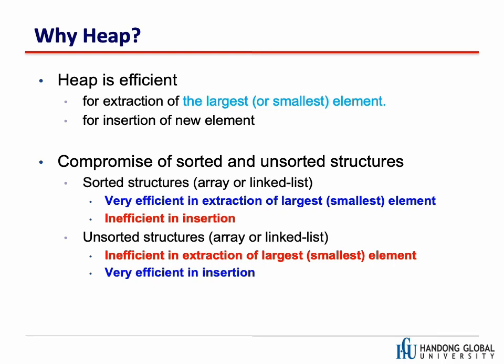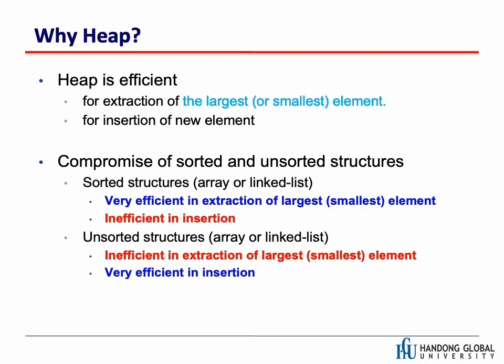If we have a sorted data structure, like an array or a linked list, then it is very efficient in extraction of the largest element. We know where the largest one is. If it is sorted in ascending order, then the last one is the largest one and the first one is the smallest one. So we can find it so easily.